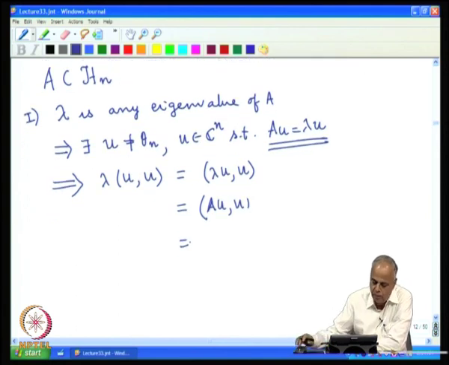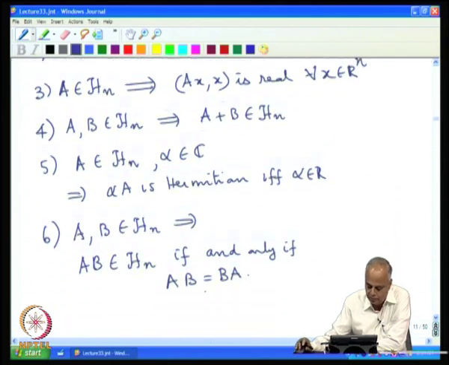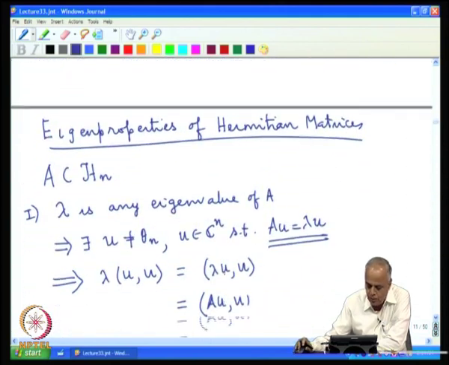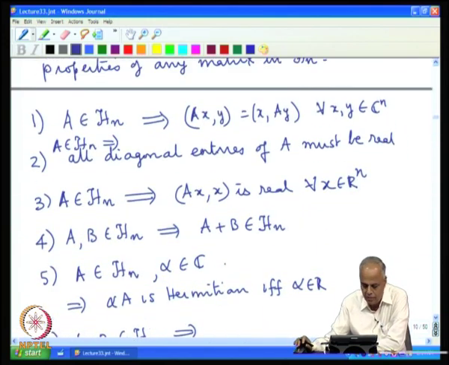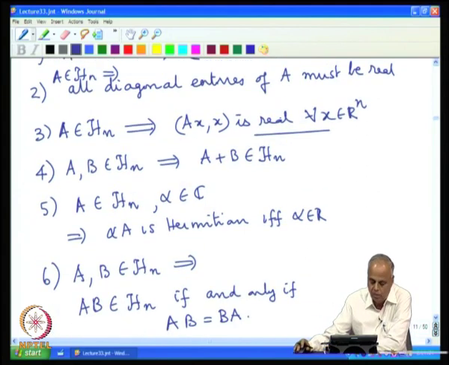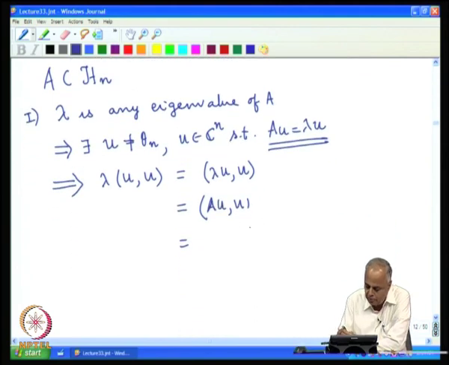Now, we had the fundamental property of Hermitian matrices that A x comma x is always real. We observed that if A is Hermitian, A x x is real. So, by property 3, this must be real. Therefore, lambda equals A u u by u u.